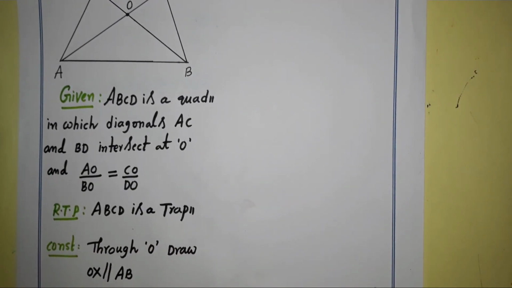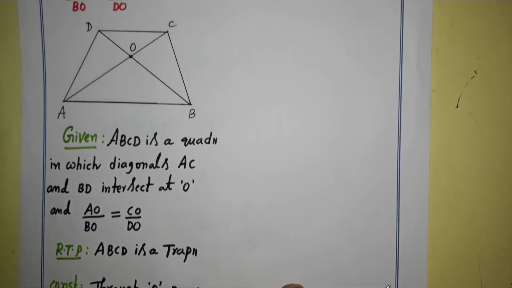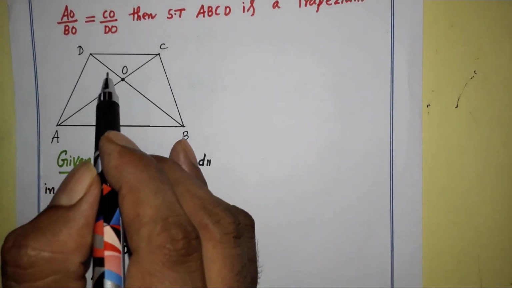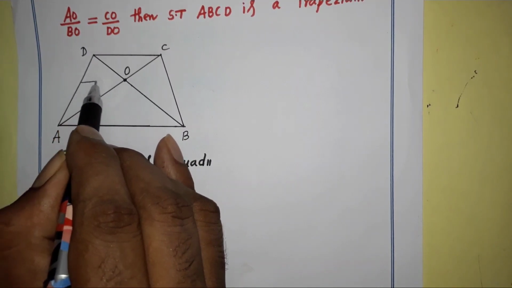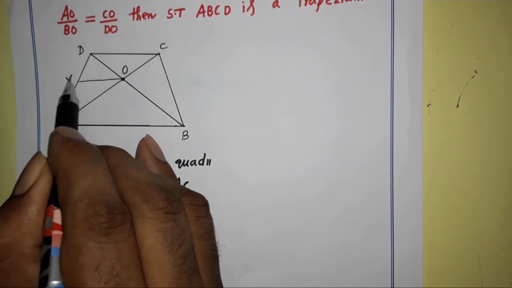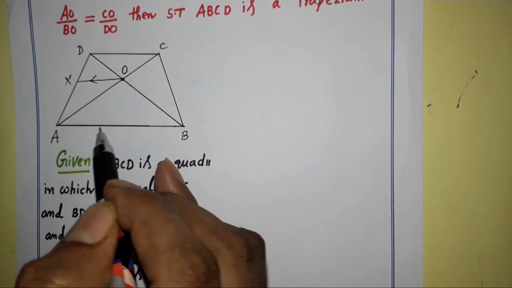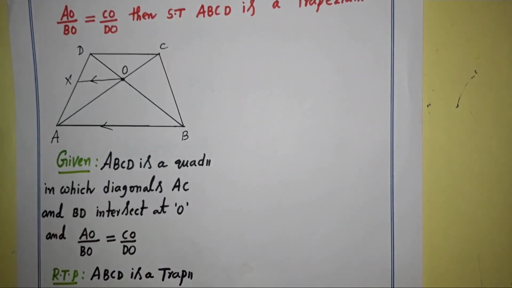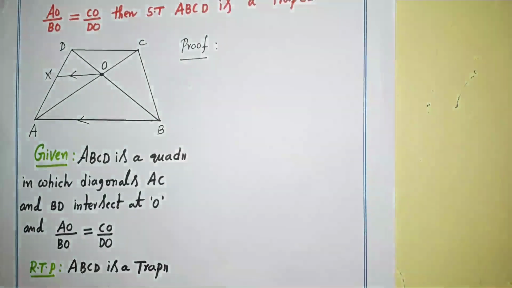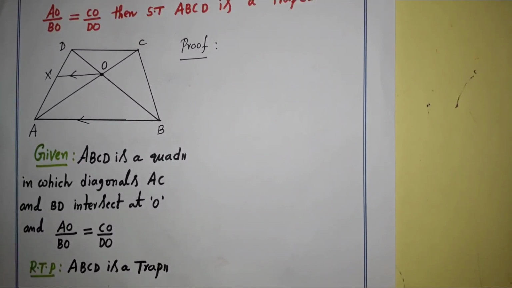To prove this theorem, a small construction is required. That is, through this point O, you draw a parallel line OX to AB. That is our construction. Let us start the proof.